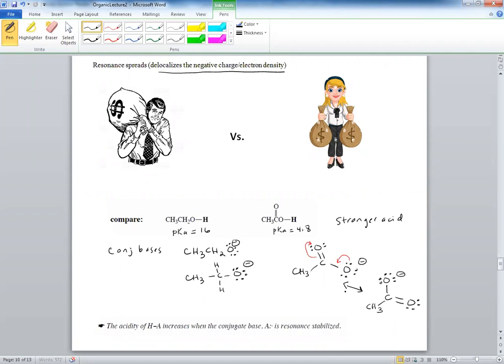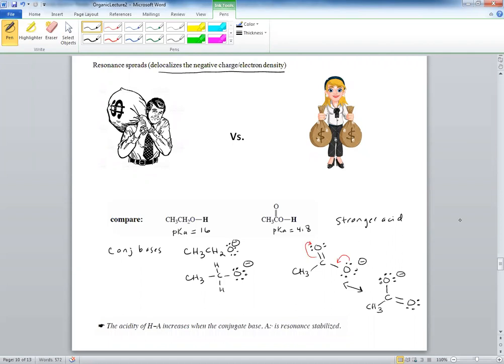Right. So notice that the negative charge is not staying in one place or on one atom. It is spreading the negative charge. It's delocalizing it, moving it around and not keeping it in one place.